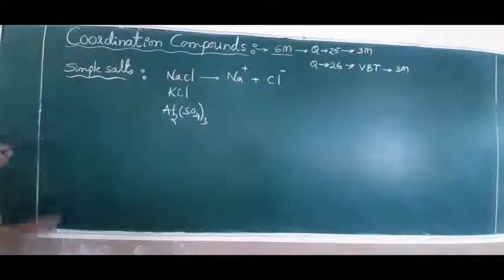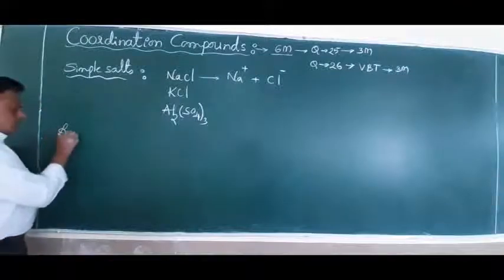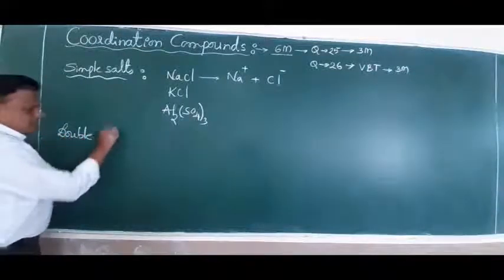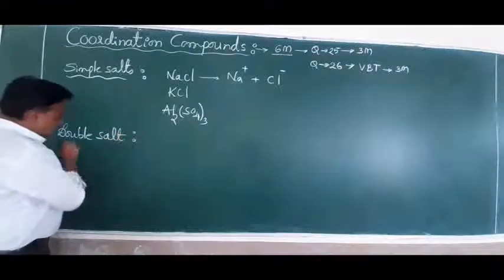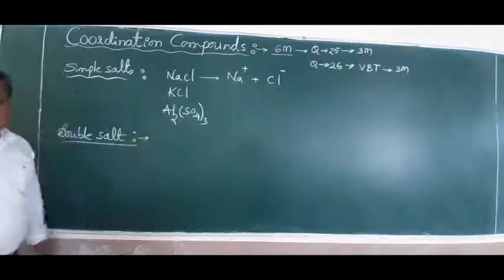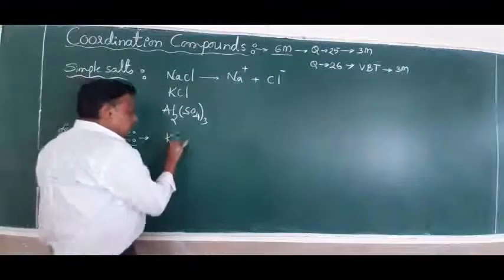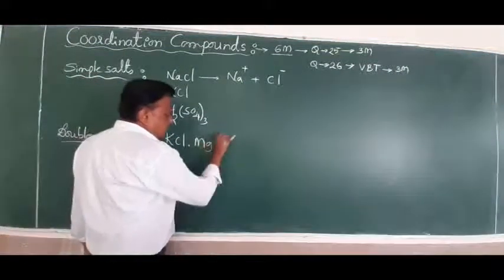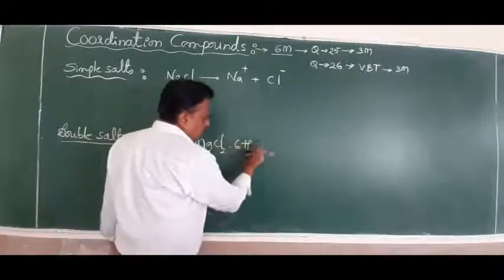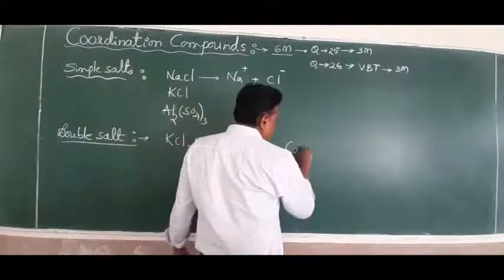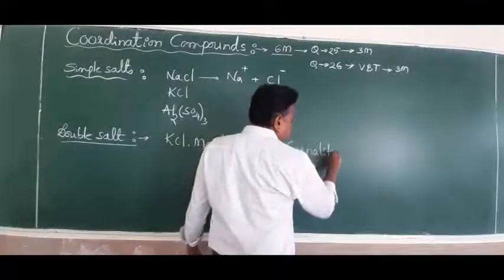After this, we come to the next one, double salt. So what are double salts? A simple example is KCl.MgCl2.6H2O. I think all of you know the name of this compound is carnallite.